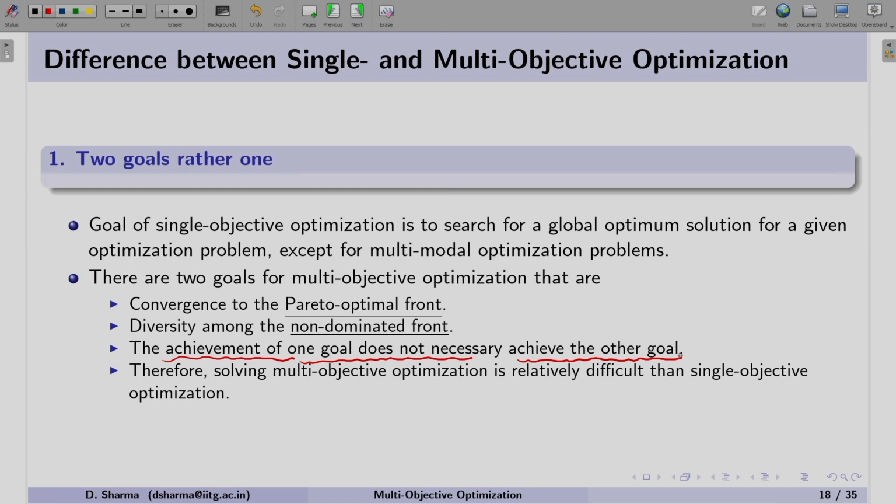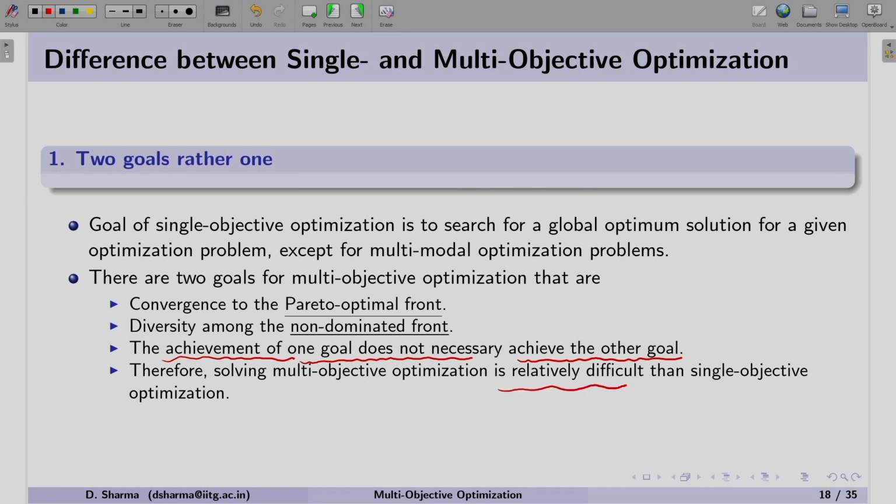So, if we are formulating our algorithm just to cater to the need of one of the objectives, either convergence or diversity, then it is not necessary that the algorithm will be good in the other objective. So, looking at these two goal scenarios, what we can understand is solving a multi-objective optimization problem is relatively difficult as compared to single objective optimization.